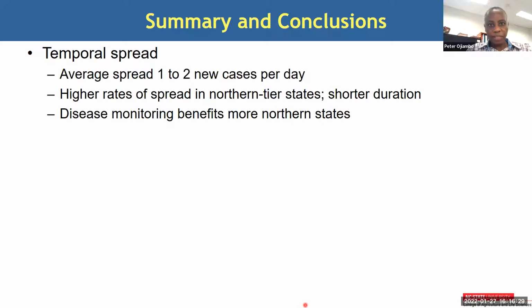All right, just to summarize, if you look at the temporal spread, we are able to identify the spread of new infections, for example, 1 to 2 cases occurring per day, and we notice that the rates are much higher in northern states compared to southern states, primarily because of the shorter duration of the epidemic. But because everything is starting from the south, the states in the north can afford to wait to do anything until they see something happen in the south.